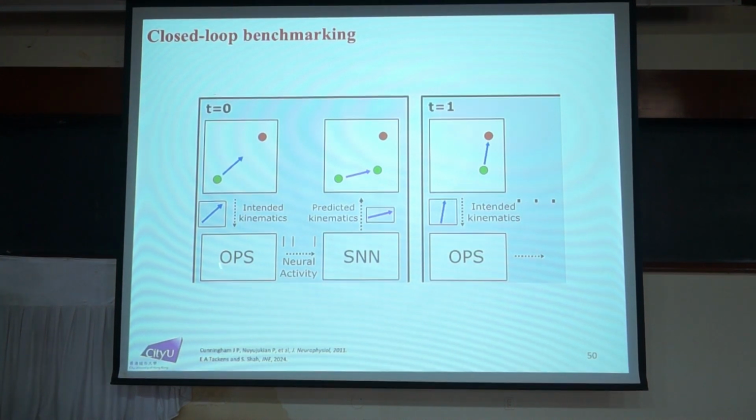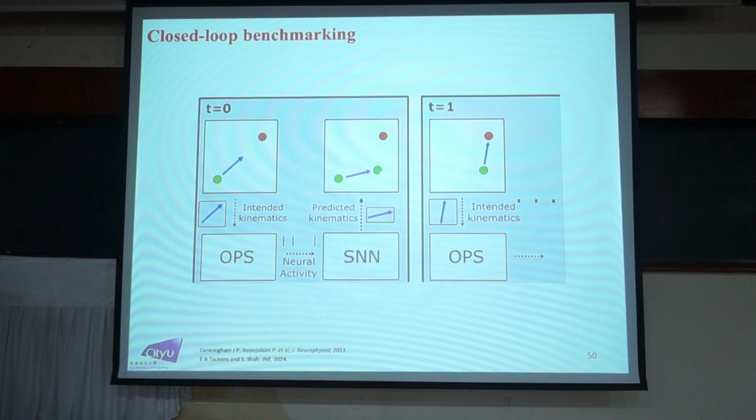Now this can go into your decoder, and the decoding is not perfect. It's not showing you exactly this direction, it's showing you this direction is the way to go. So in this time step, you move the cursor here, and in the next time step, you can see the desired vector has changed.